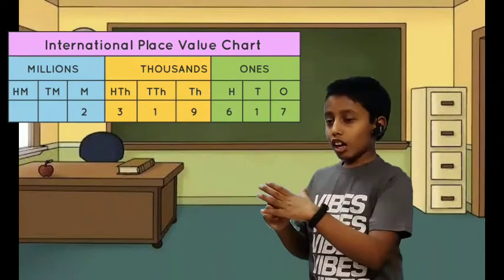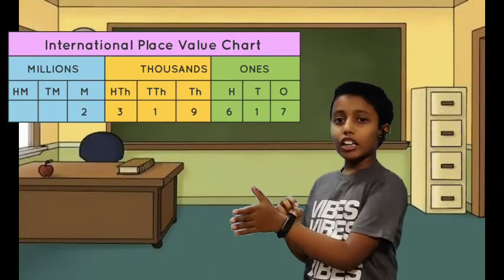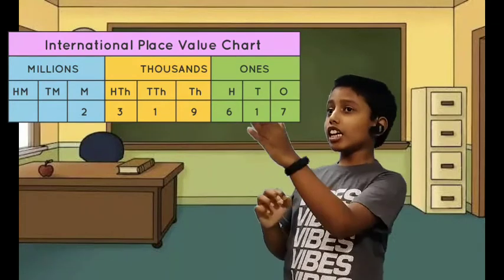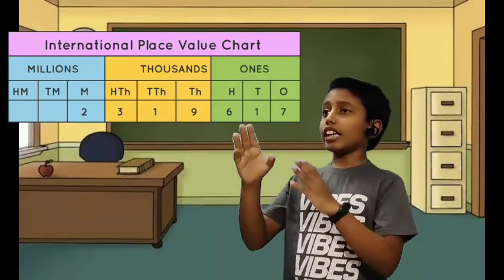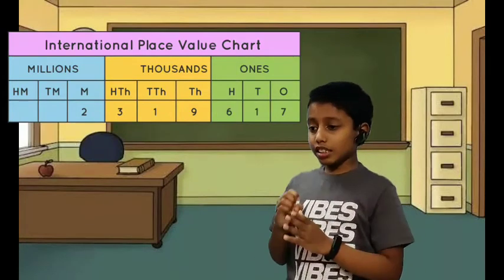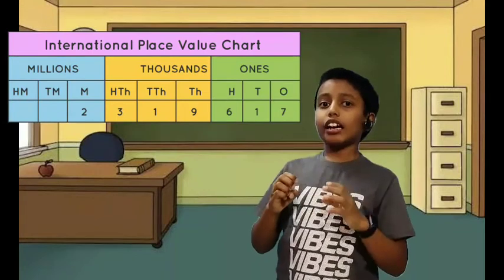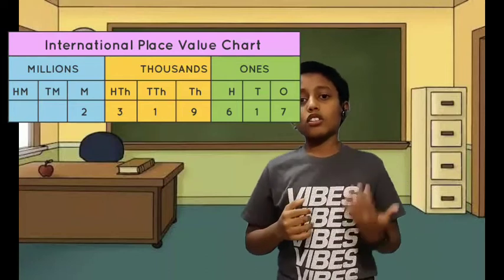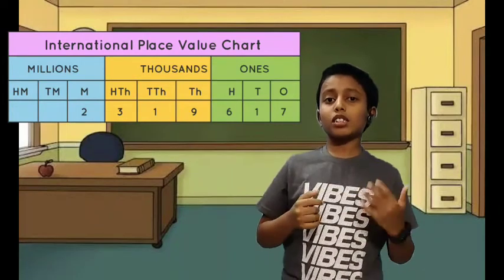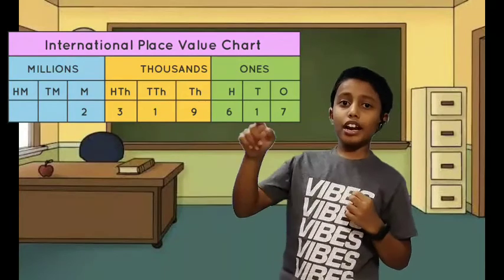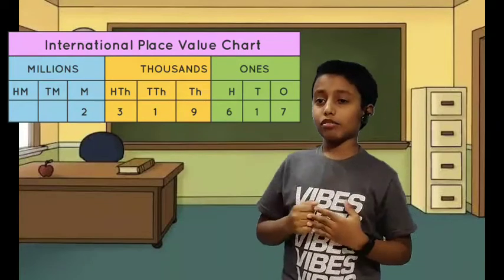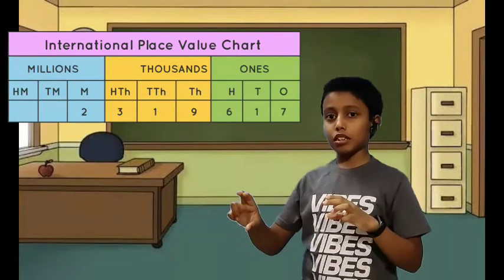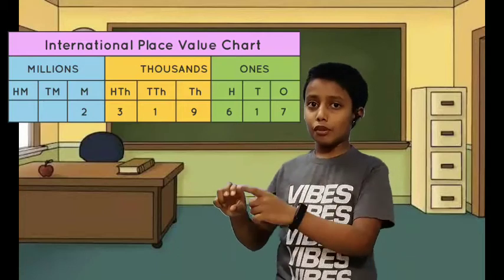So after 10,000, the Indian system directly moves to the next table, but in the international system, it is 100,000s, which means instead of being in another table, it is still in that table only. You can also observe that in the international place value system, there is a comma after every 3 numbers. But in the Indian place value system, there is a comma after the first 3 numbers.